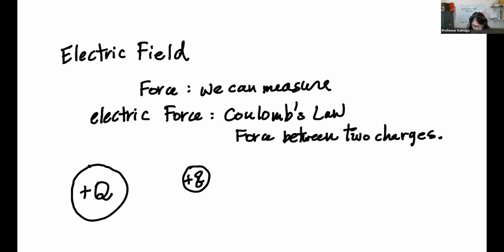Coulomb's law says there's a constant, the Coulomb constant, 9.0 times 10 to the 9 Newton meter squared divided by Coulomb squared, times big Q, little q, divided by d squared, the product of the two charges. So that's the force on Q, the force on little q.